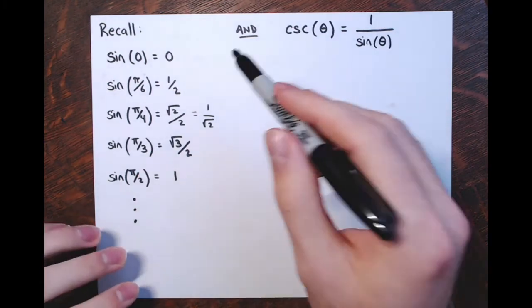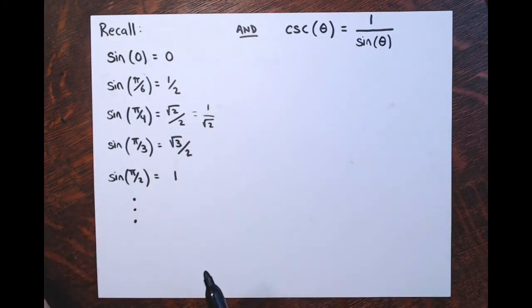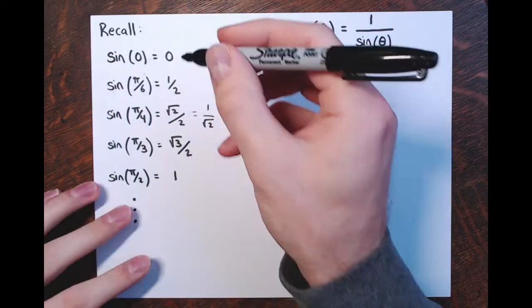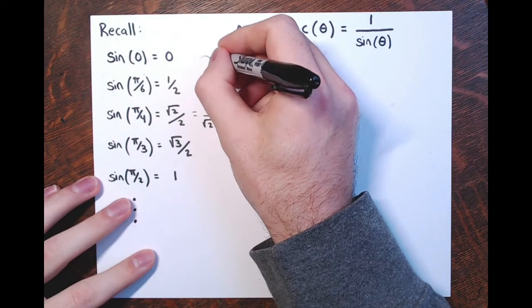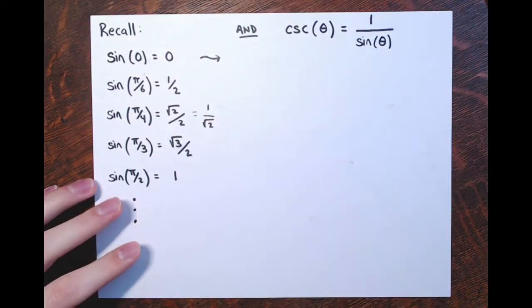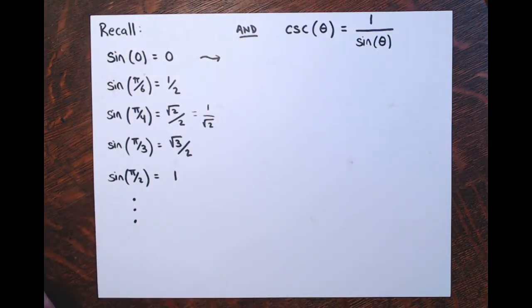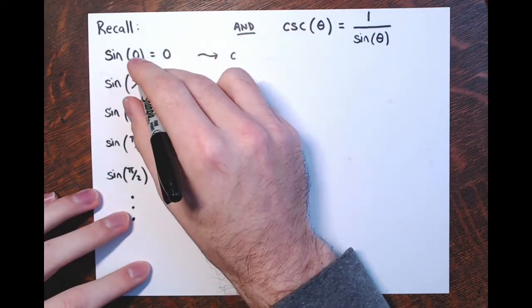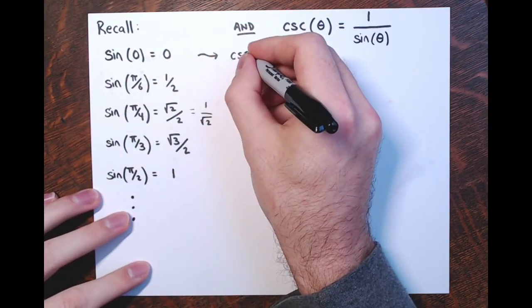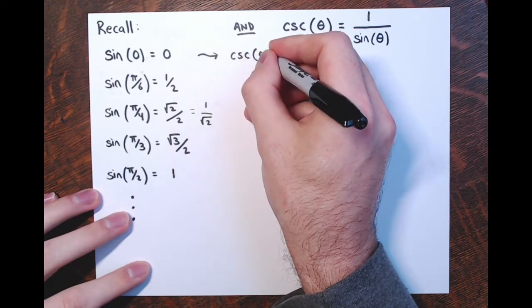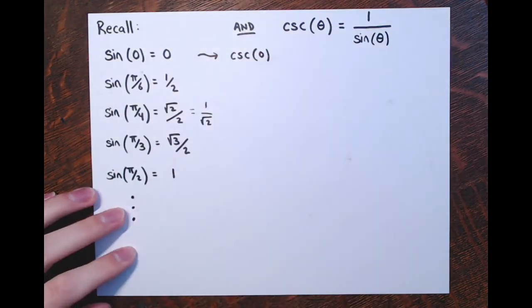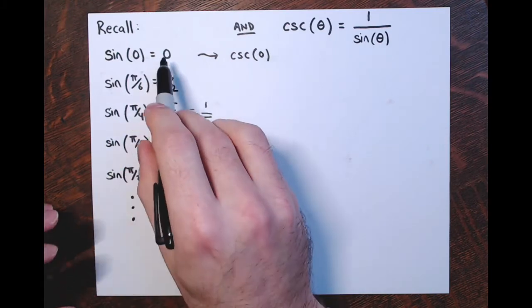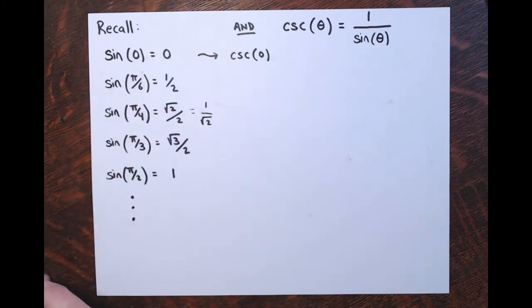Noting all this, and the fact that the cosecant of an angle is the reciprocal of the sine, we can state the cosecant of all these special angles from quadrant 1. If the sine of 0 is 0, then the cosecant of 0 is the reciprocal of 0, 1 divided by 0.